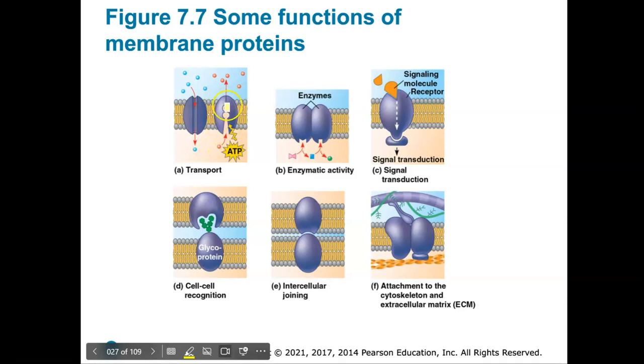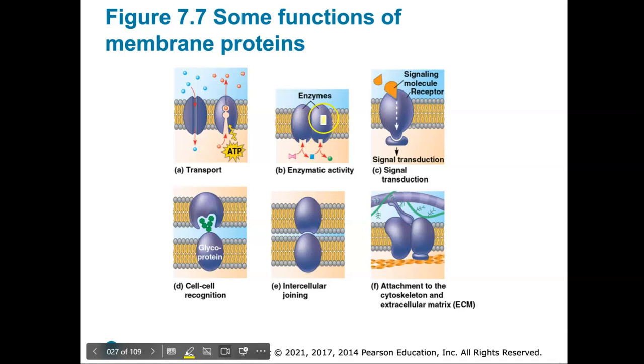Some membrane proteins, we call them carrier proteins because they don't have a channel, but they actually chemically bind to molecules, and then they change shape and open up and move them across the membrane. So a channel protein just has an open channel, and a carrier protein has to chemically bind and transport the substance across. And we have 2 types of carrier proteins, one that requires ATP, and we would call that a pump, and one that doesn't require ATP, and it's just called a regular carrier protein.